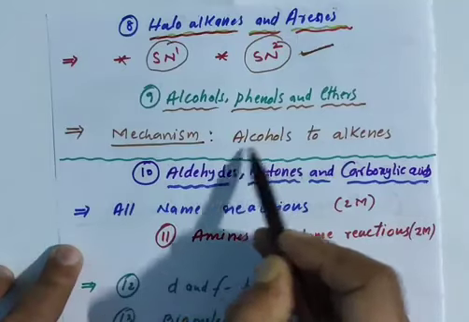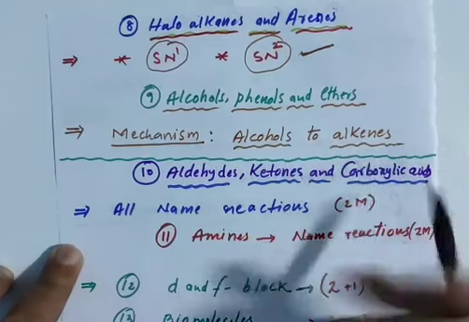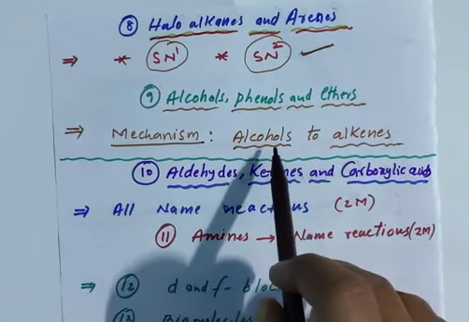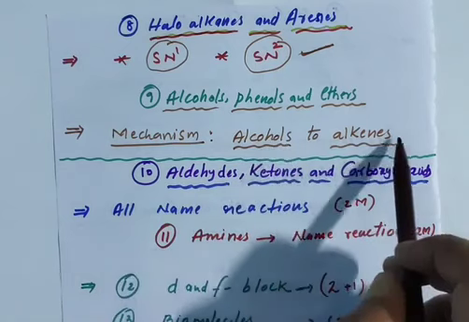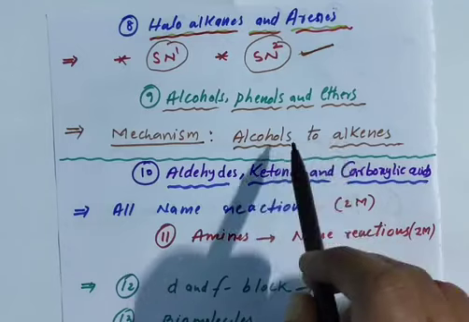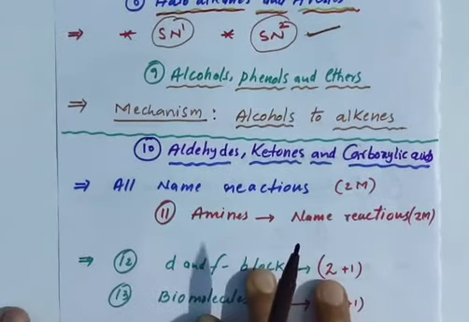Here you will surely get another mechanism, alcohol to alkene, that is catalytic dehydration of alcohols to alkenes. This is asked repeatedly every year. So please concentrate. These are 8 chapters where you will surely get 3 marks questions.